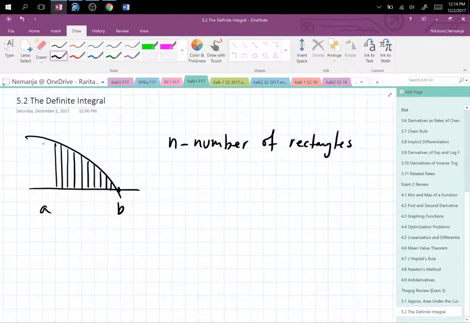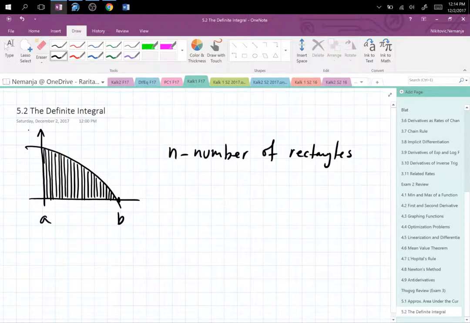More rectangles. We do even more. And if you are not happy with that, what do we do? Even more rectangles. Great.